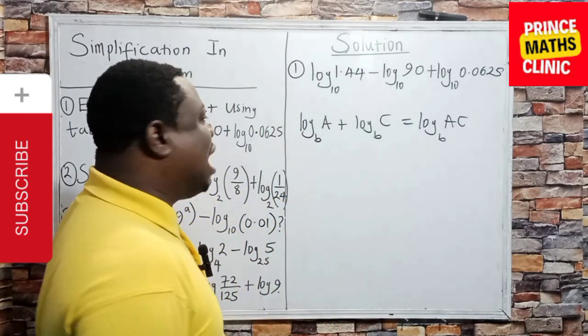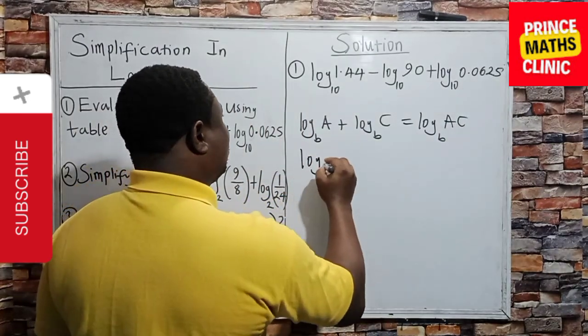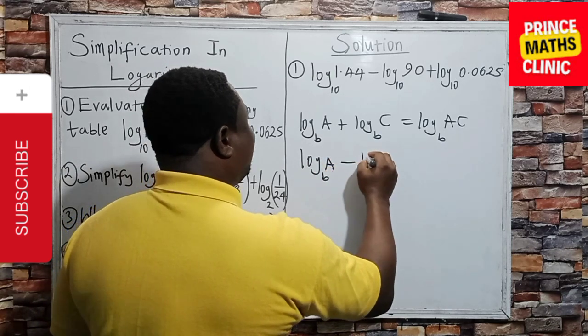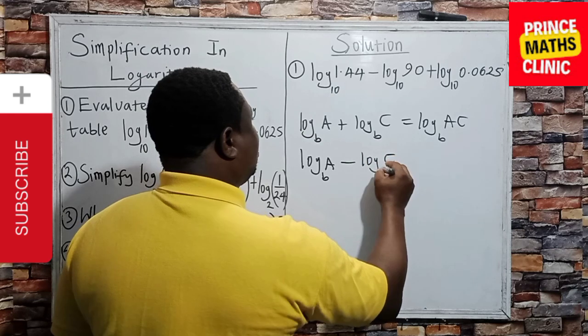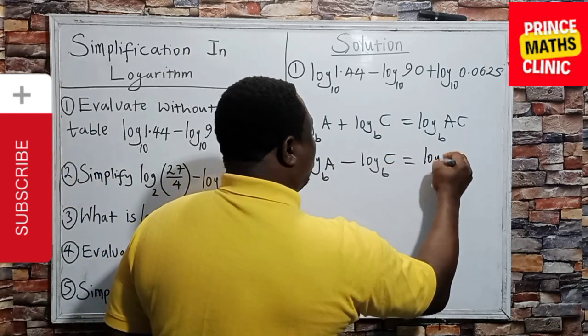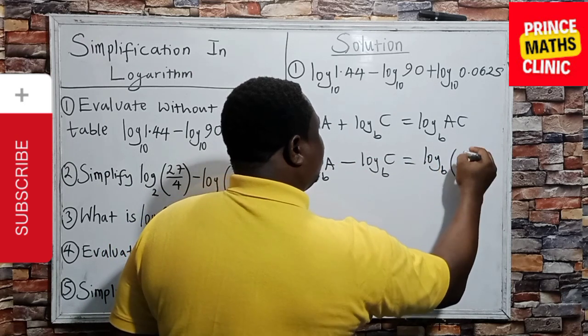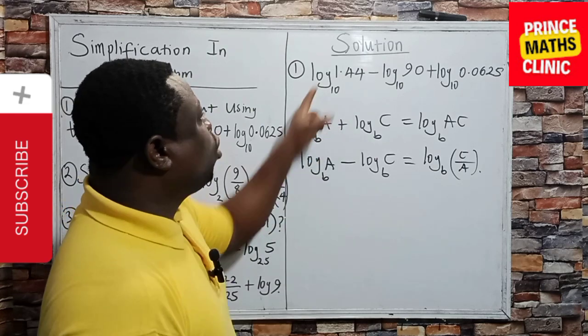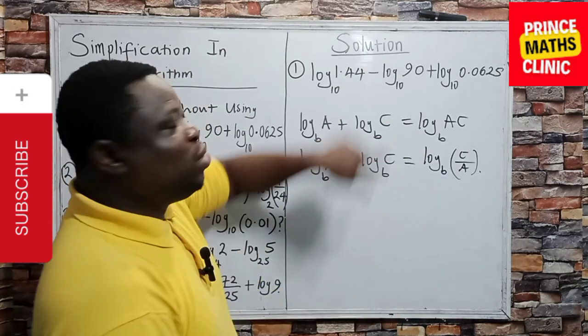And we also agreed that when we have log a base b minus log c base b, it becomes division. So we are going to combine the laws now to solve this.